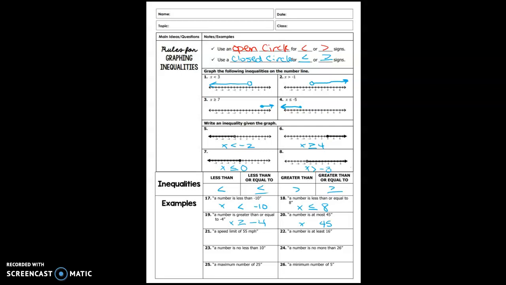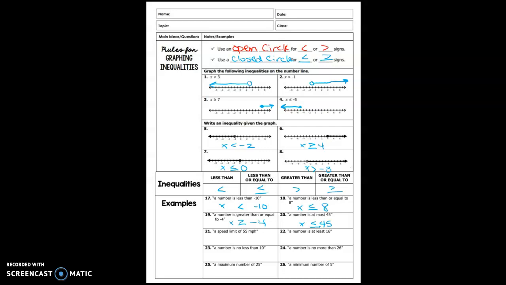Like 30, 41, 7, anything like that, which are less than 45. Can the value be equal to 45? The answer is yes. The largest it could be is 45, so we want any number less than or equal to 45.